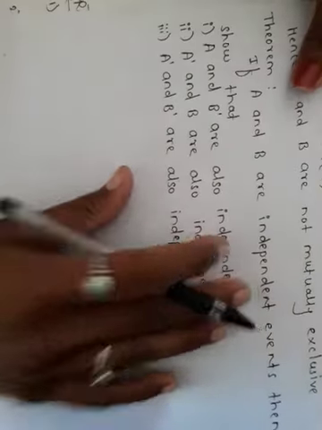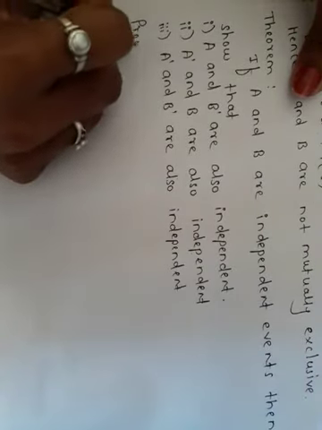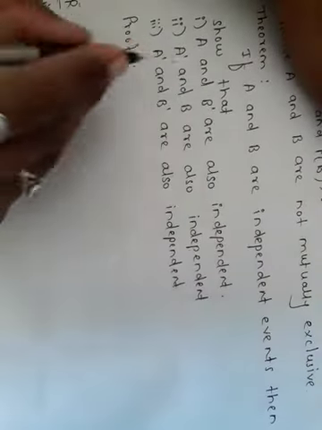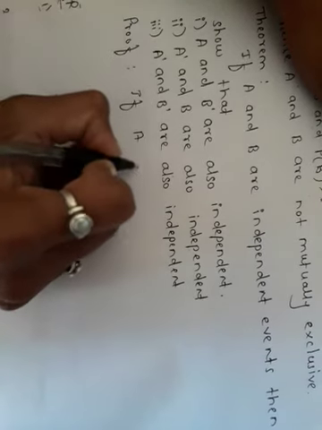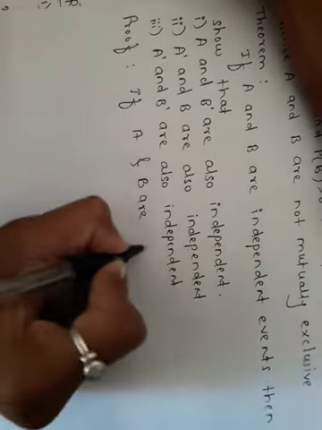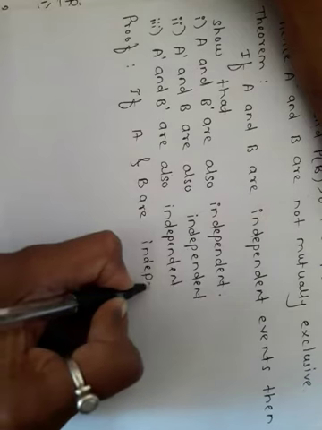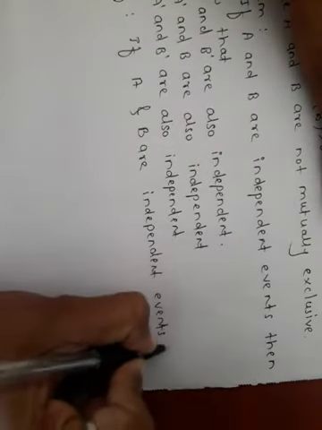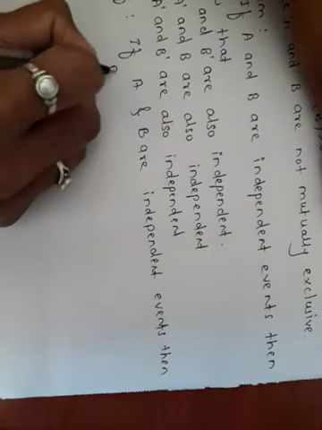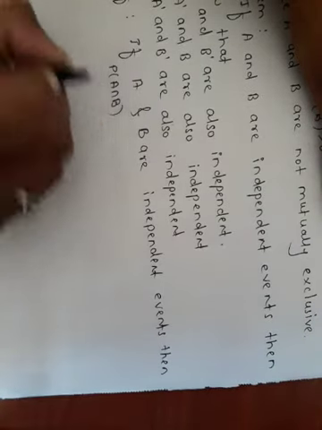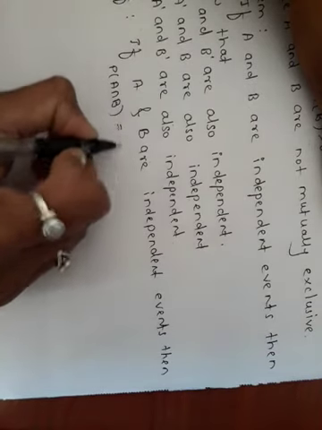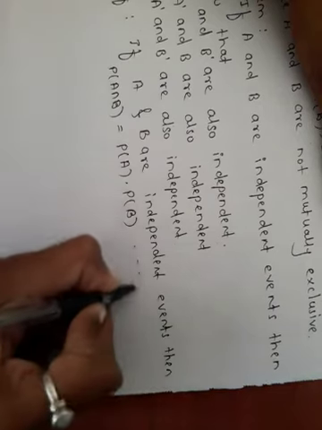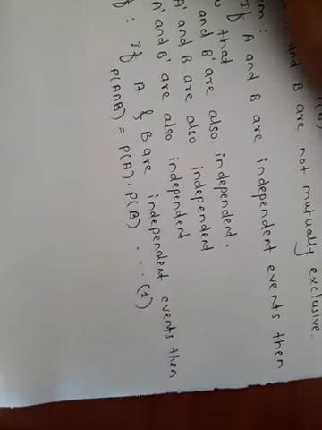So proof. Given that A and B are independent events, then by the definition of independent, P of A intersection B is equal to P of A into P of B. This is equation 1.